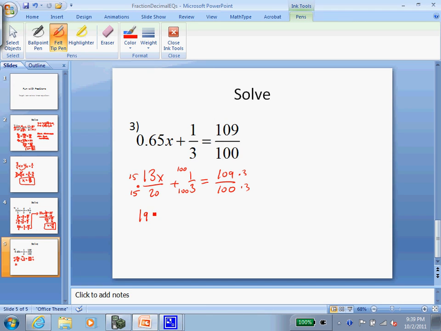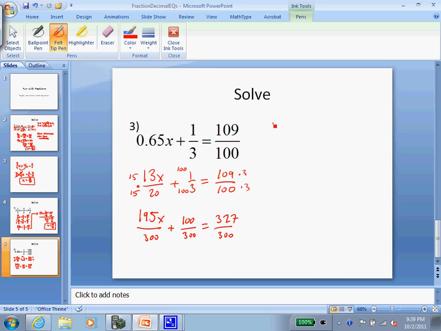So 195x over 300 plus 100 300ths equals 327 300ths. Then last thing we do, just go ahead and eliminate the denominators.